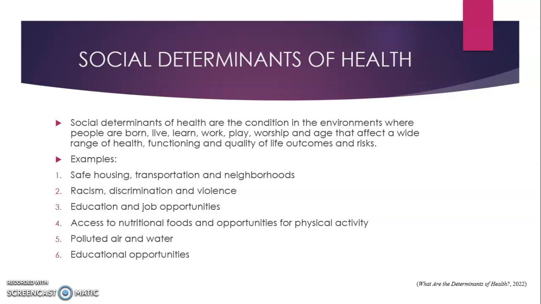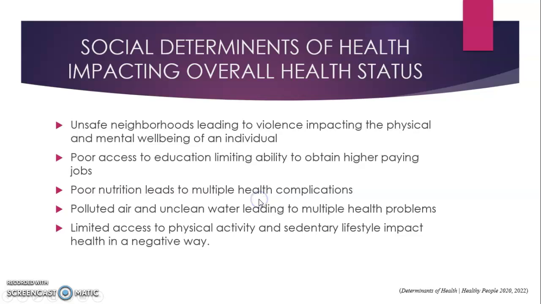Those two really go hand in hand. Also access to nutritional foods and opportunities for physical activity, polluted air and water, and educational opportunities. So these are some of the social determinants of health that impact a person's health and well-being.